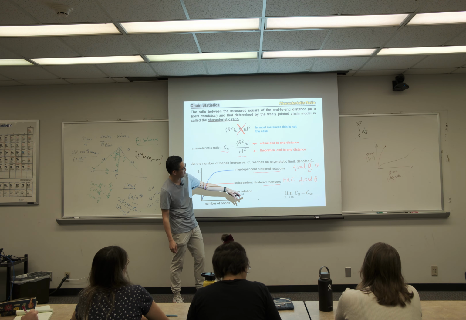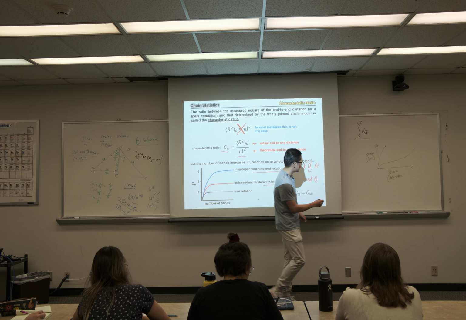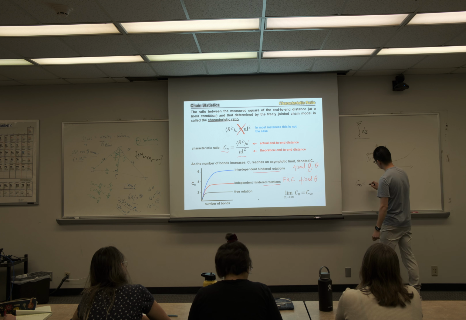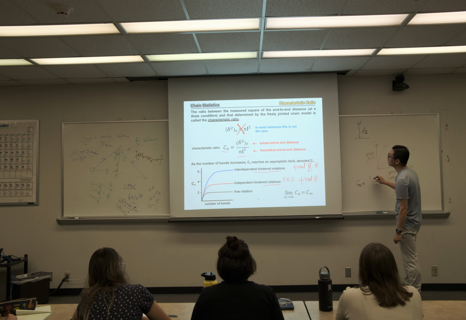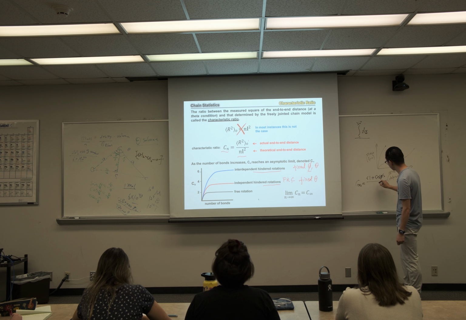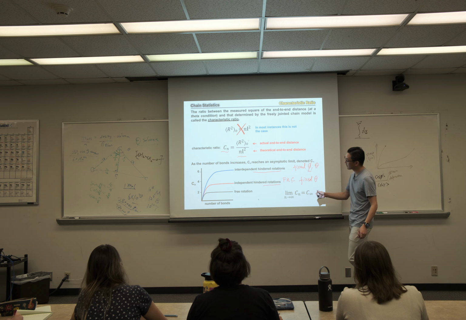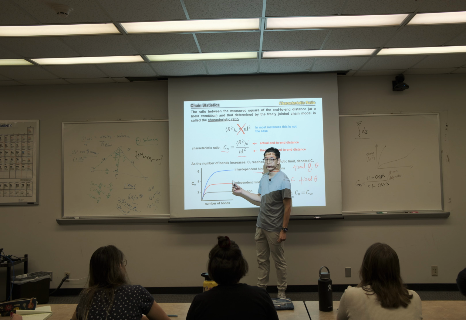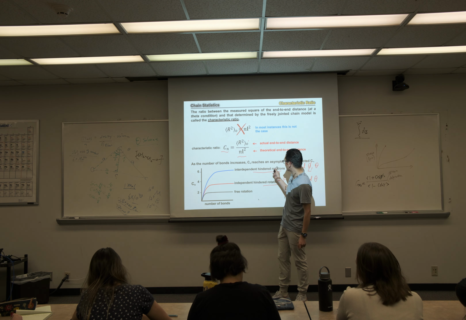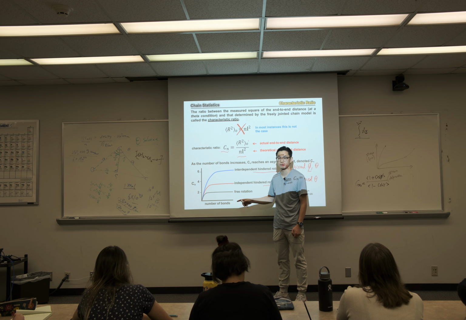This is an example where we fix theta, and C infinity will be exactly 1 plus cosine theta over 1 minus cosine theta. I forgot if it's 1 plus or 1 minus. This value will be bigger than 1. That's why your chain will expand. And if you have independent hindered rotation, your chain will expand further. So this example shows you how big the expansion will be.